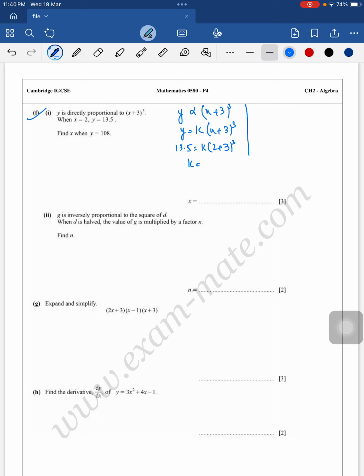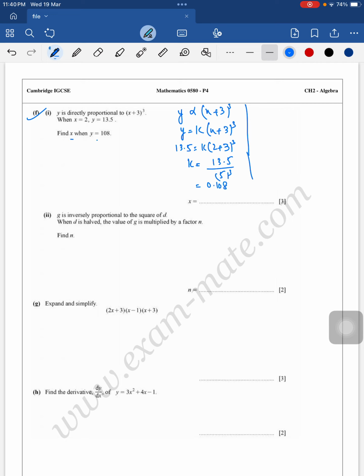So k is equal to 13.5 upon 2 plus 3, 5 the whole cube. Using the calculator, 13.5 divided by 5 cube, that is 0.108. So the k value is 0.108.